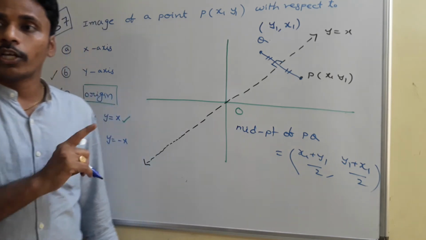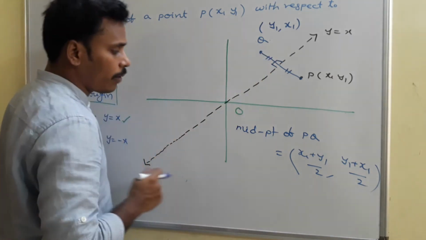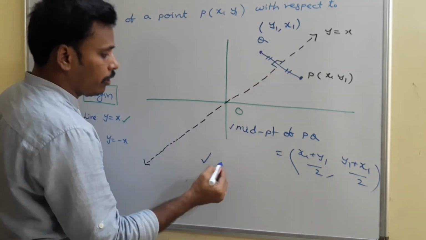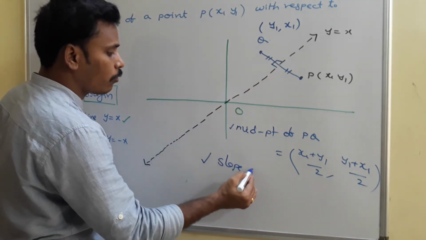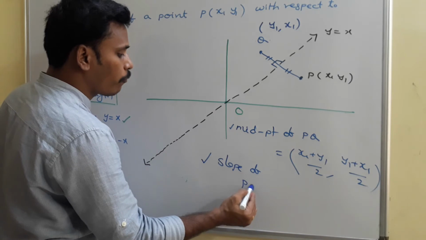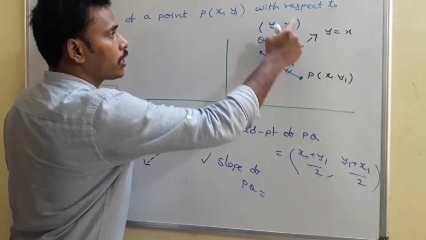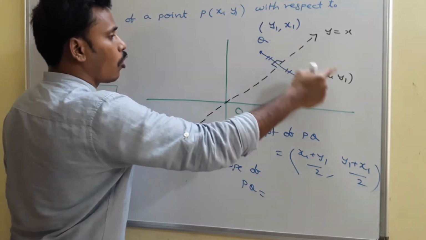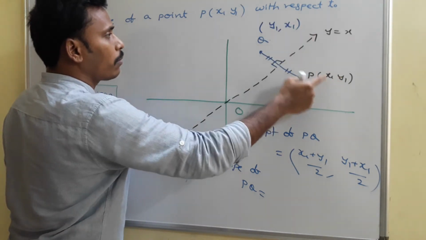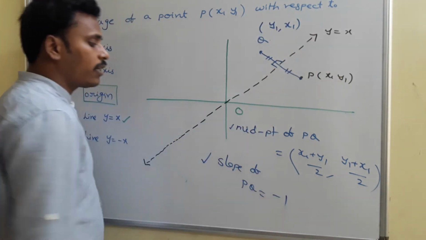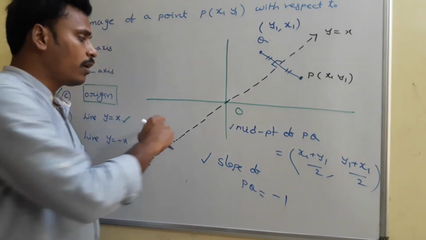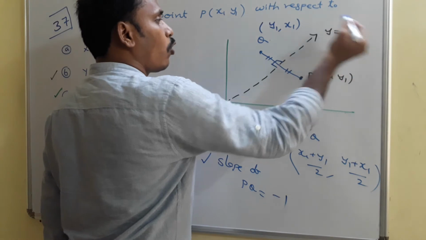So P and Q satisfy this condition. And the next thing is you need to think about the slope of PQ. The slope is the difference of y coordinates divided by the difference of x coordinates, so (y1 - x1)/(x1 - y1), and you will get that the slope of PQ is -1. Since the slope of PQ is -1 and we know that the slope of this line is 1, okay? Is it right?